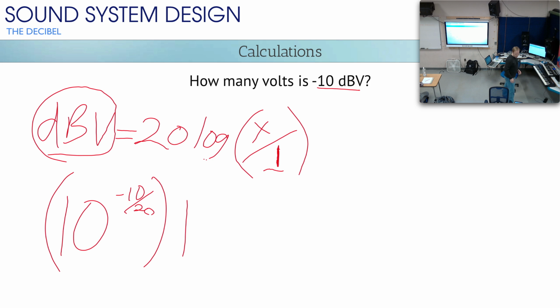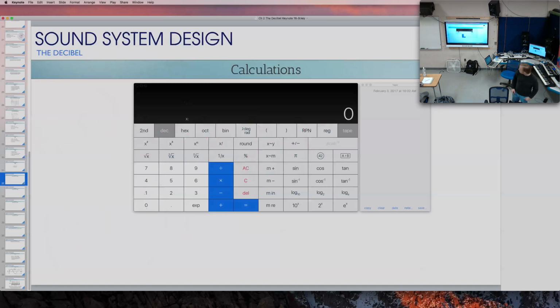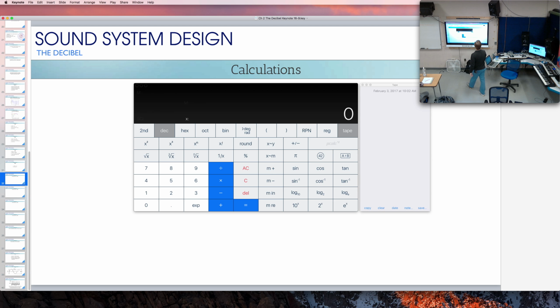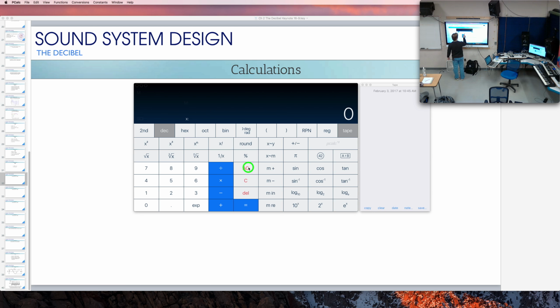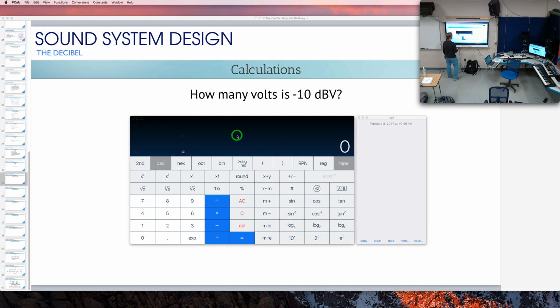So shall we try this? Yes, Jason, let's try it. So I'm going to say 10, and I want that to be a negative number, so I'm going to push this little button there. So negative 10, and I'm going to say divided by 20.